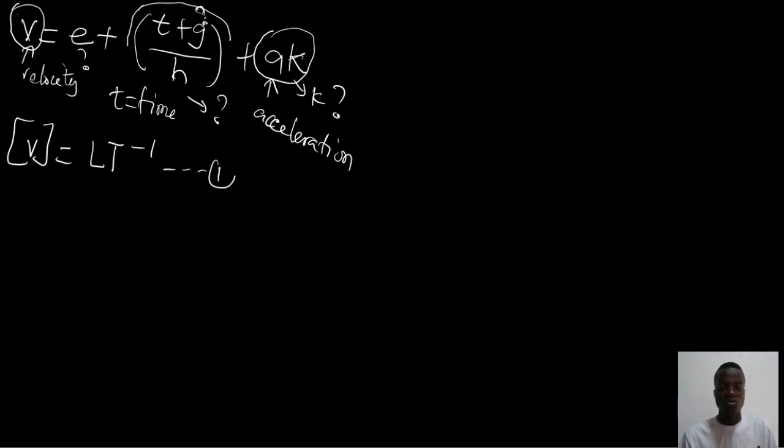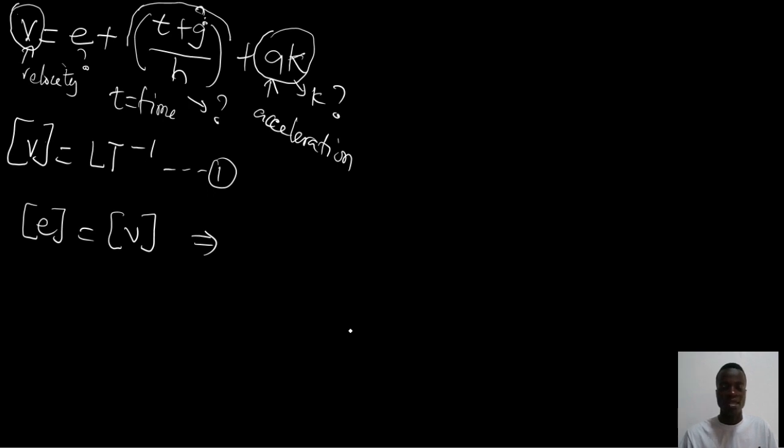If it is known like that, then we can focus on E. The dimension of E should be equal to the dimension of V because that's the rule. If you are able to add them or compare them, then each term is dimensionally the same.